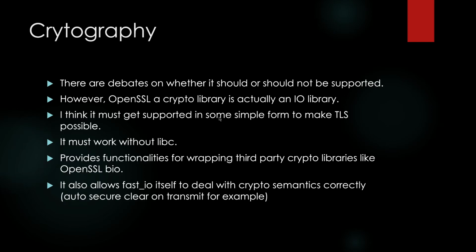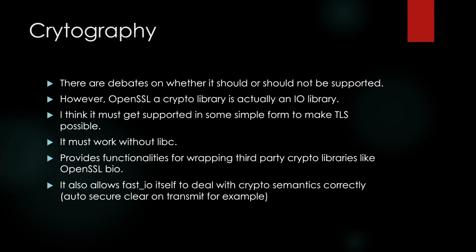So I think we need to design some symbol form with it, and it must work without libc. There are some papers talking about embedded devices that cannot work with it because they don't provide libc. That's very problematic, and it has to provide functionality through C-style API cryptography libraries and OpenSSL BIO.